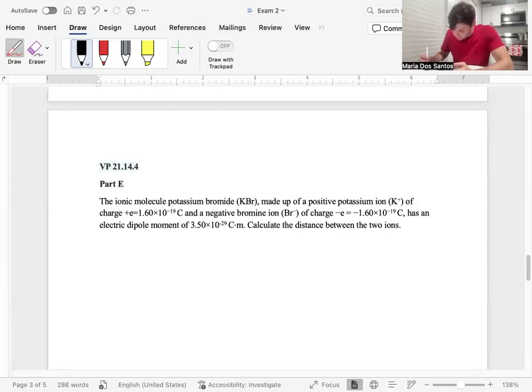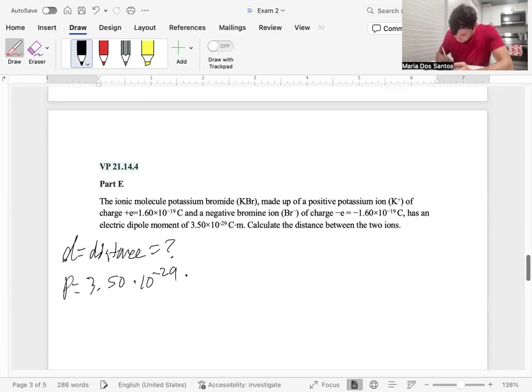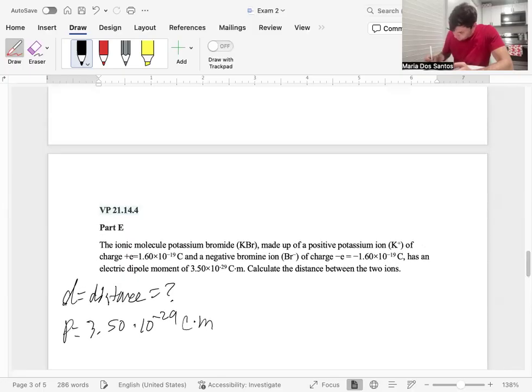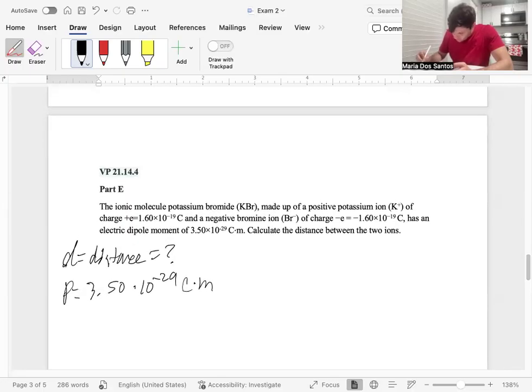Okay, for this one, what is given to us? We need to find the distance between the two ions. Dipole moment is given to us. Also given to us is charge.